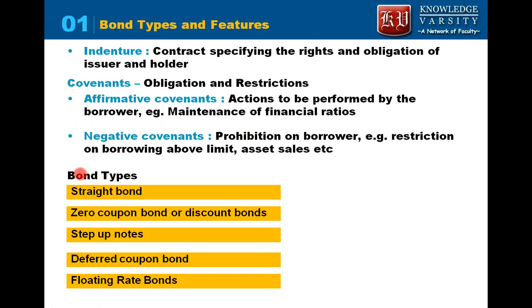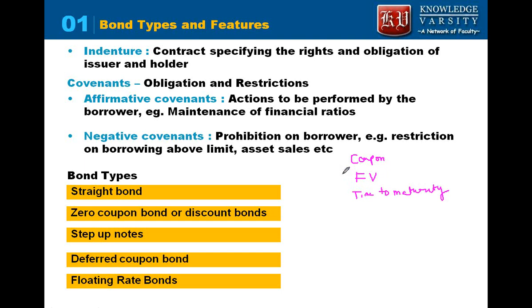Now we'll see what the different types of bonds are. Before covering the different types of bonds, we'll cover what a bond has. A bond has what is called a coupon. It has a coupon, it has a face value, it has a time to maturity, that is, the time at which the bond will mature and cease to exist.